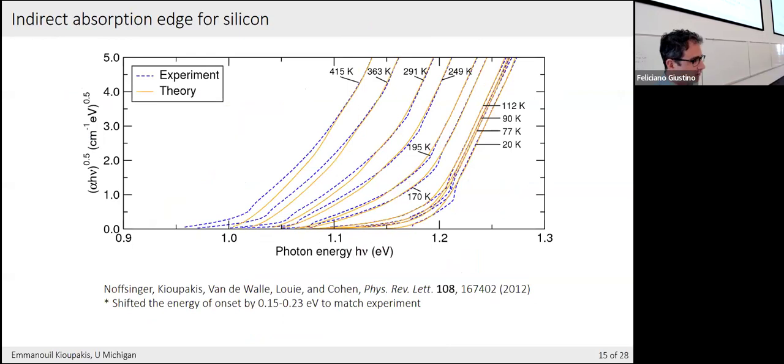So we just corrected for this temperature dependence by applying a rigid shift to match the onset to experiment. Another catch I want to mention is that with typical methods like hybrid functionals or GW, we don't tend to have the accuracy to match the spectra so well, the onset, because you see, we're down to a few tens of millielectronvolts. So that's another thing to keep in mind as you look at the spectra at that kind of scale as well.